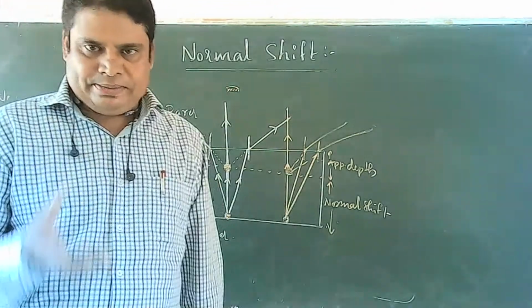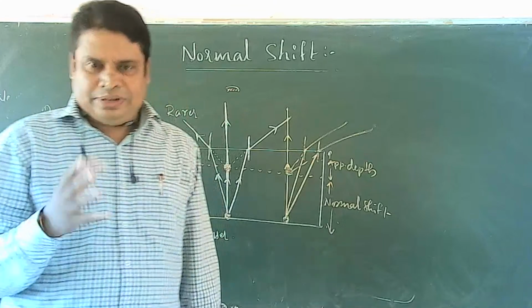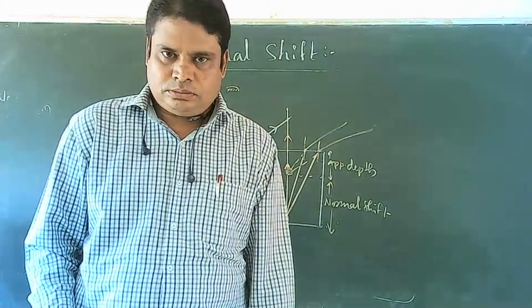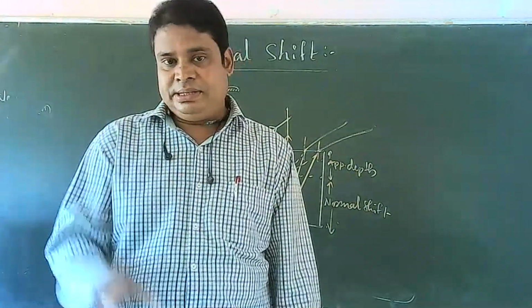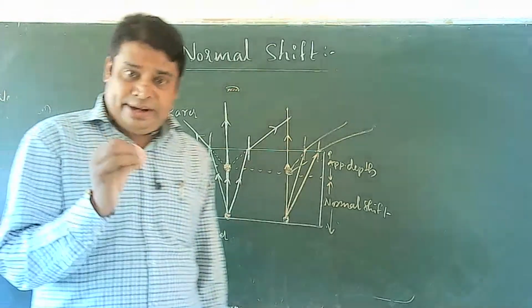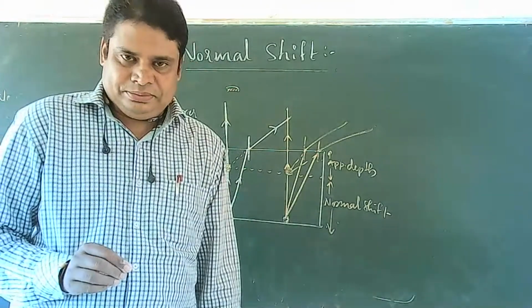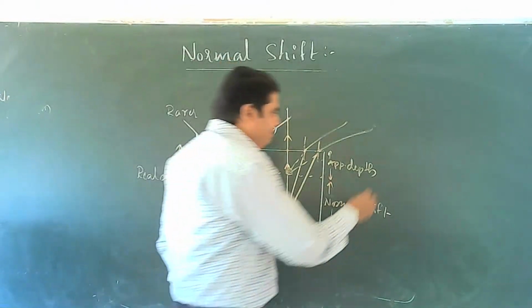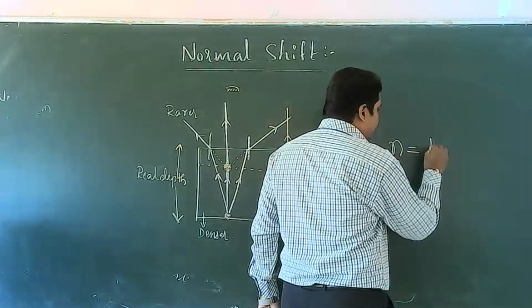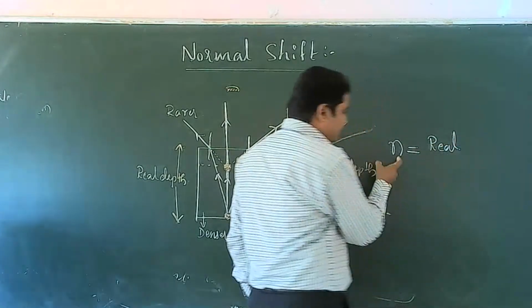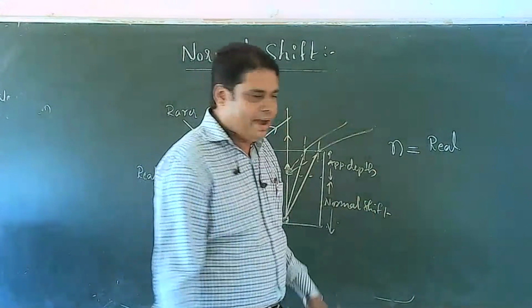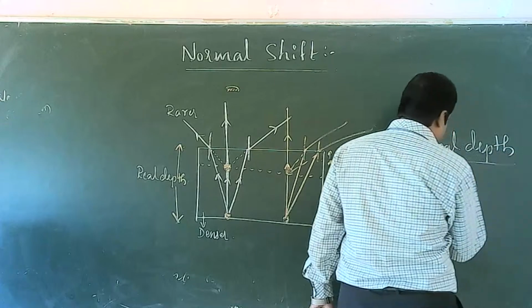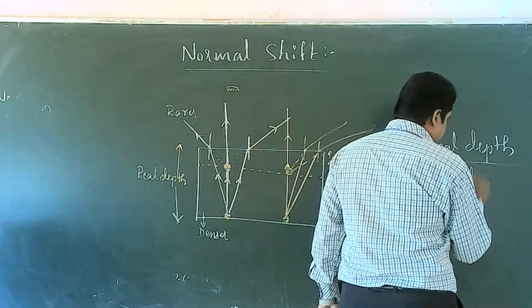In the optics set of practicals in the lab, where you are supposed to do, as I told earlier, 5 to 6 experiments, there is one experiment to find the refractive index of a glass slab. Where you have to use this concept, normal shift. Refractive index is given by real depth divided by apparent depth.